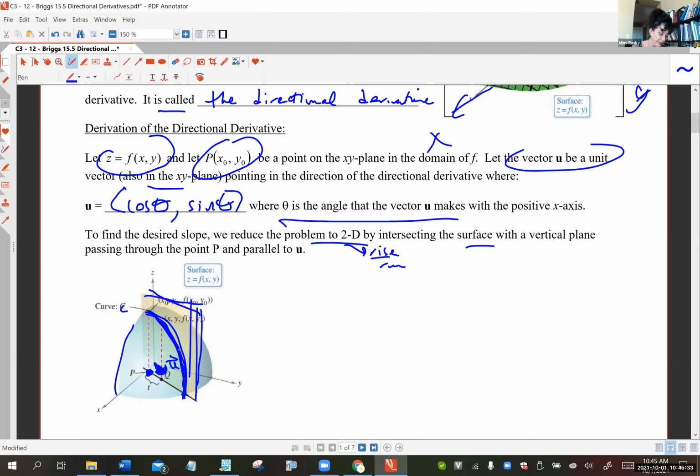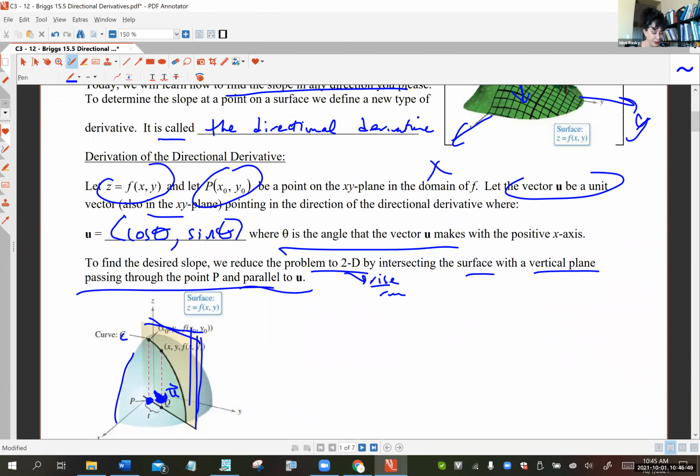And that knife makes a trace of this line down here in the xy plane, which is going to be parallel to your direction vector u. So your vertical plane is passing through the point P and parallel to u.